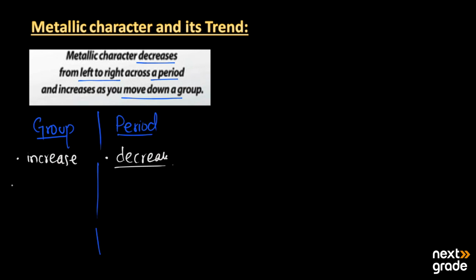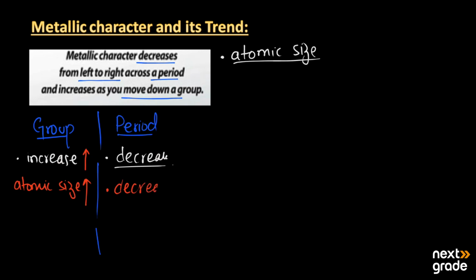So what is the reason? Metallic character depends upon the atomic size. When we move from top to bottom, the size of an atom increases, so metallic character also increases. On the other hand, when we move from left to right in a period, the metallic character decreases.